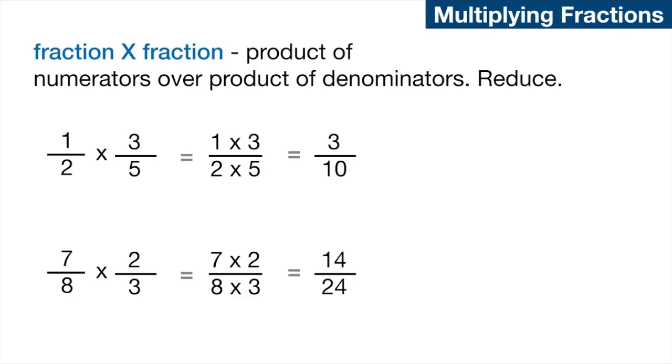Another example, 7/8 times 2/3. We multiply the tops, or the numerators, 7 times 2 to get 14, and we multiply the denominators, 8 times 3 to get 24, 14/24. We can see these are both even, so we can reduce. We divide by 2, and we get 7/12.